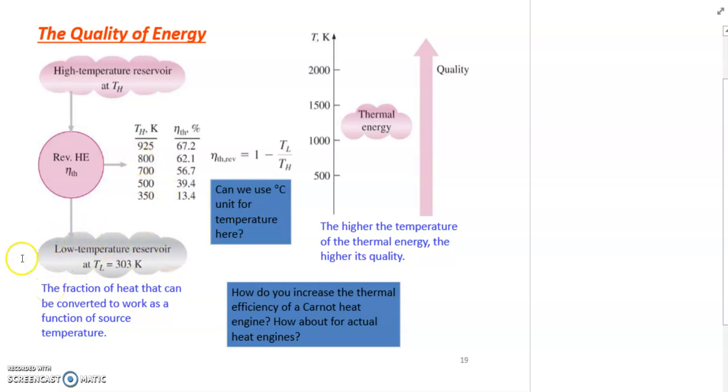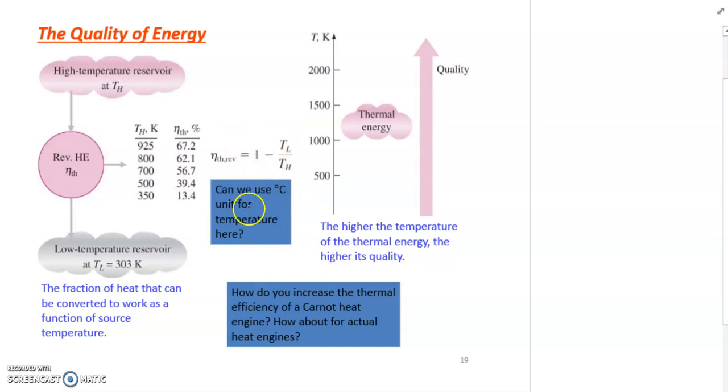Let's say we keep TL constant, for this example at 303 Kelvin, and if you manipulate TH by increasing it to a higher temperature, you will get a better efficiency as the temperature goes higher. So the higher the temperature of thermal energy, the higher its quality.